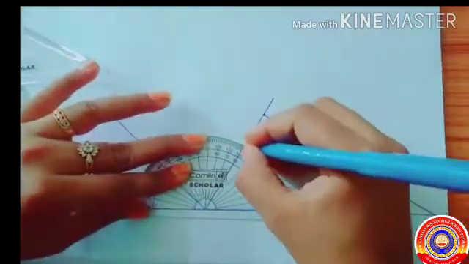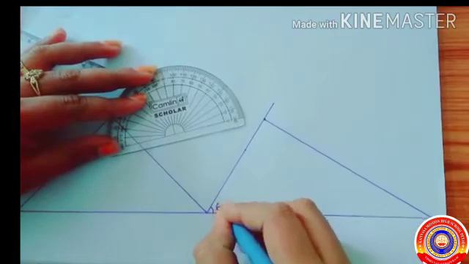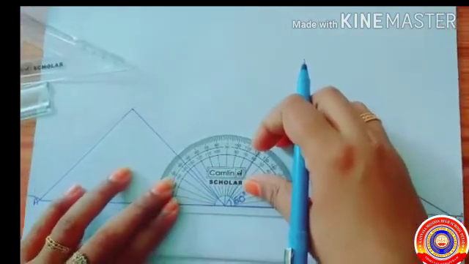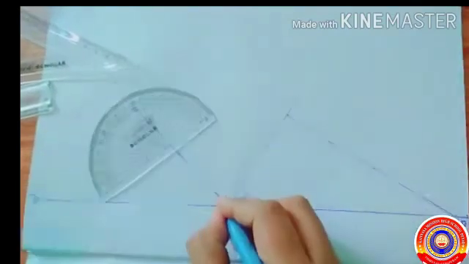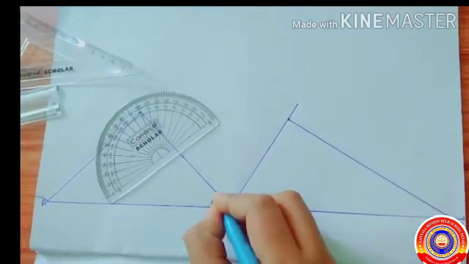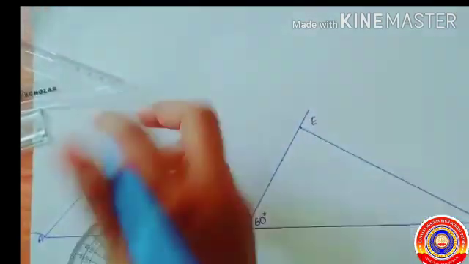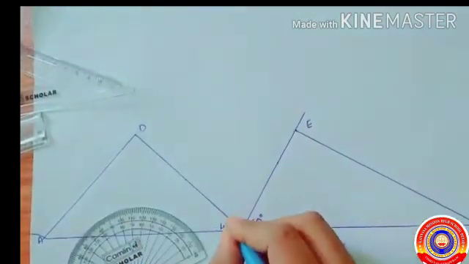Using a protractor, measure the angles in the left and right set squares which we have drawn and label it as A, B, C, D and E.